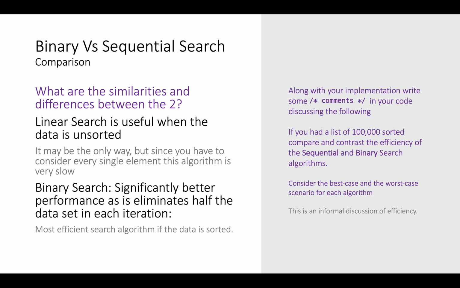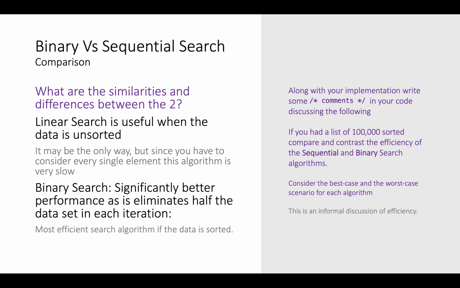So as an example, if you were doing a sequential search and the element that you were searching for was the very first element, element number 0, then sequential search would be faster than binary search, right? Because you'd find it immediately after you started searching.